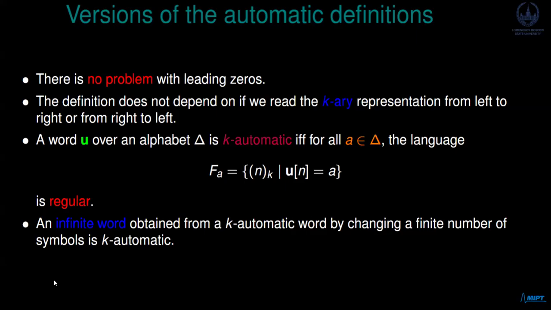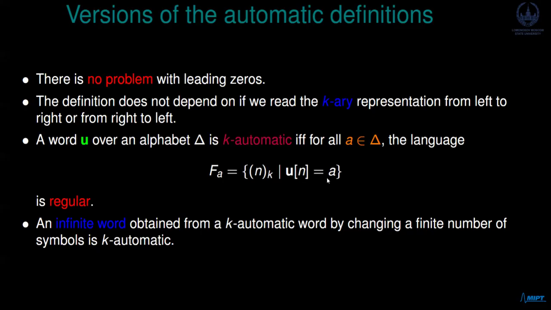And what about regularity of language? A word u over an alphabet is k-automatic if and only if for every letter a, the set of indices where u(n) equals a forms a regular language: L(a) = {(n)_k : u(n) = a}.